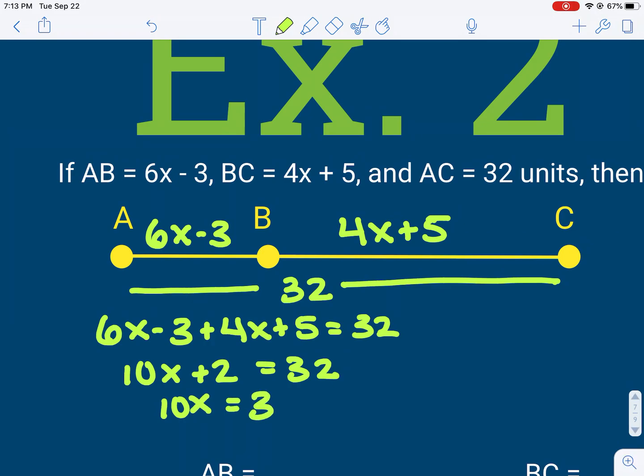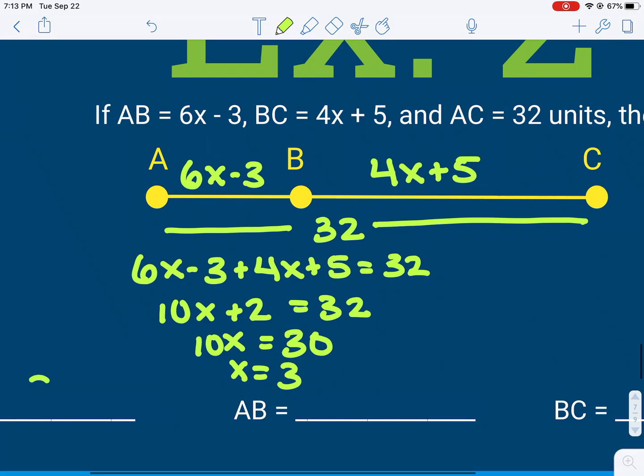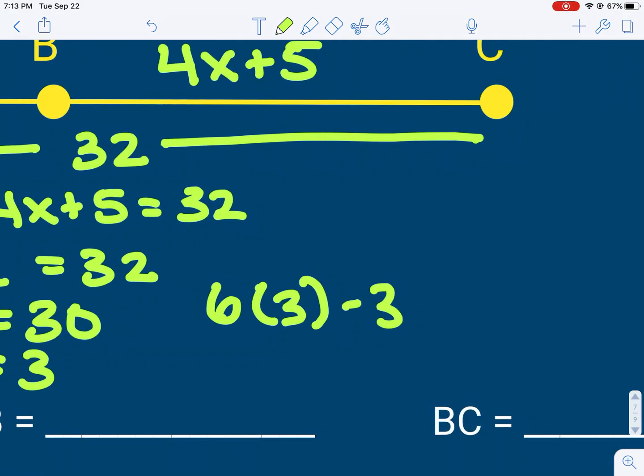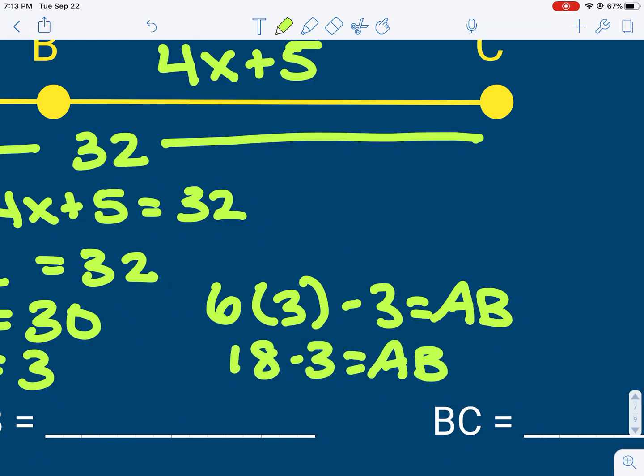So 10x equals 30, which means x must equal 3. To solve for AB, then I can go back and say, well, AB has to equal 6x minus 3. So I can say 6 times 3 minus 3 has to equal AB. So I get 18 minus 3 equals AB. So AB is 15 units.